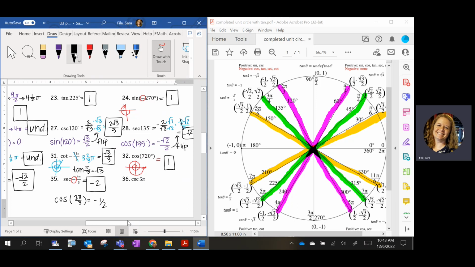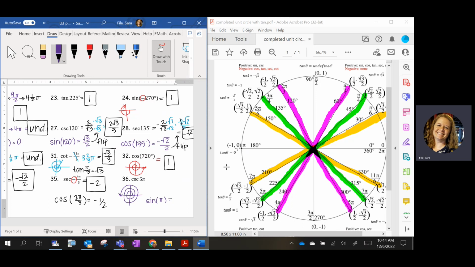All right, last but not least, cosecant at 5π. I'm going to ask myself, where is 5π? If I go 2, that's a full circle. 4, that's another full circle. So 5 puts me here on the left edge of the unit circle. They're asking for cosecant, which is the reciprocal of sine.